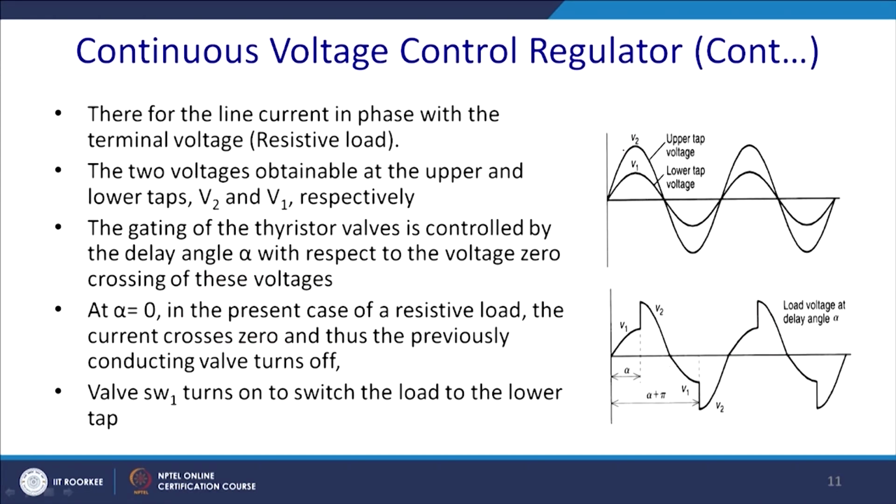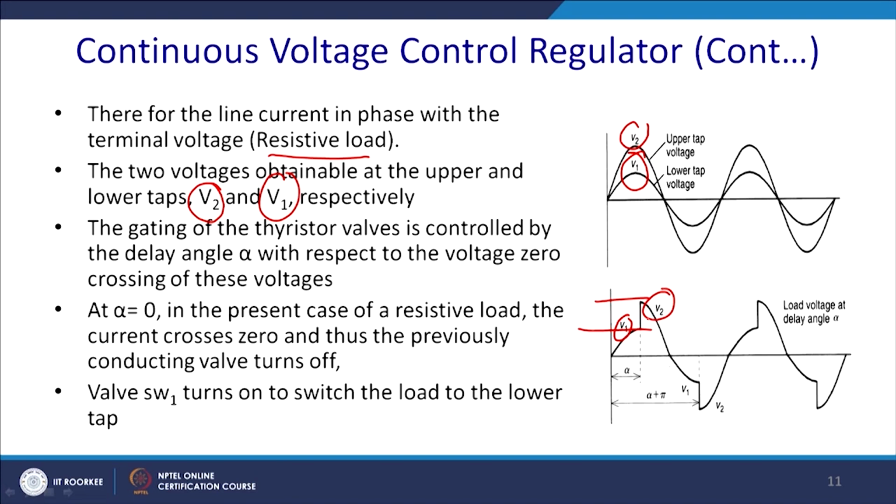This is V1, where the lower thyristor is connected, and this is V2, where the upper thyristor is connected, and this will be the new profile of the voltage. The line current is in phase with the terminal voltage of the resistive load, as shown here. The two voltages obtainable at the upper and lower taps are V2 and V1 respectively. This is V2 and this is V1, this is V2 peak and this is V1 peak.